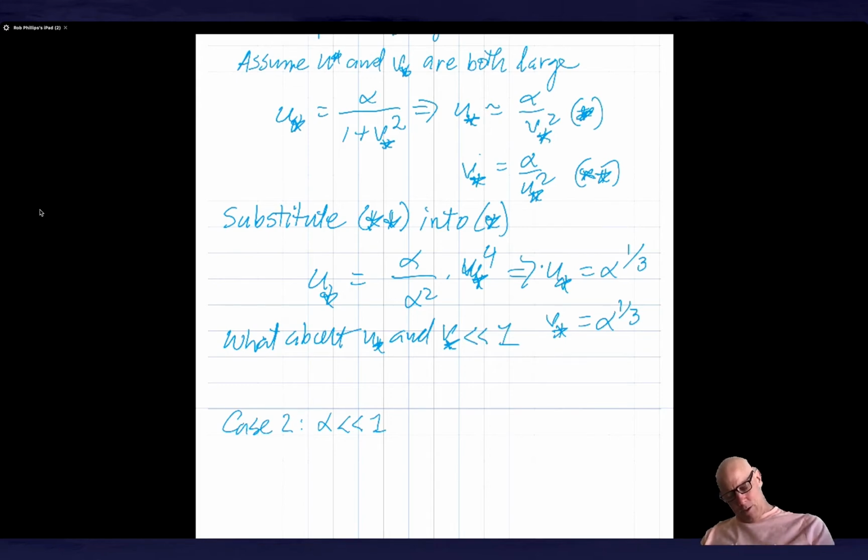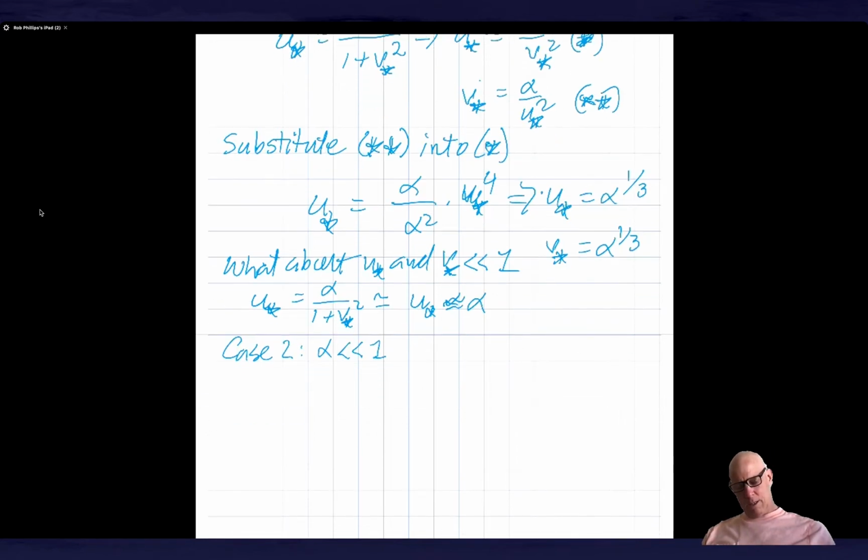Then you would have U star is alpha over 1 plus V star squared, and that gives me that U star is approximately equal to alpha, and that contradicts our assumption about both of them being small.